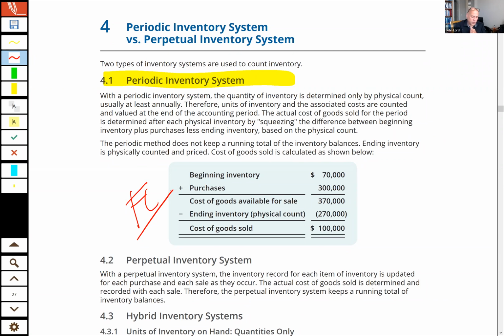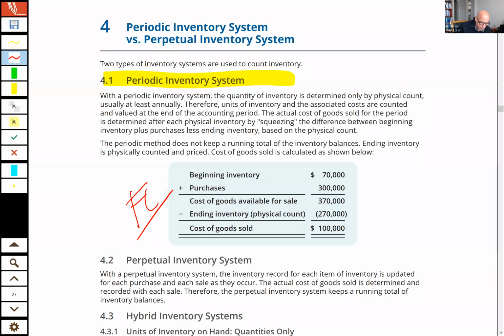So I want you to flashcard this. You need to know this very well. I always say, know it like a Catholic priest, right? Beginning inventory plus purchases gives us goods available for sale, minus ending inventory equals cost of goods sold. You need to be able to rattle off what constitutes the cost of goods sold. You can't mess around with this. So make sure you've got this flashcarded, okay?